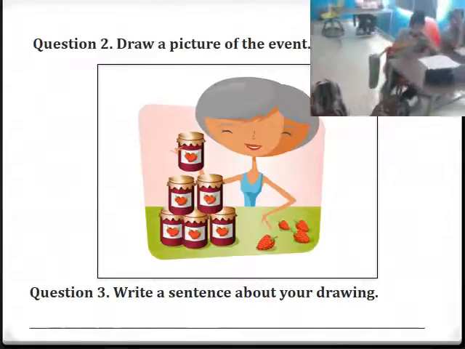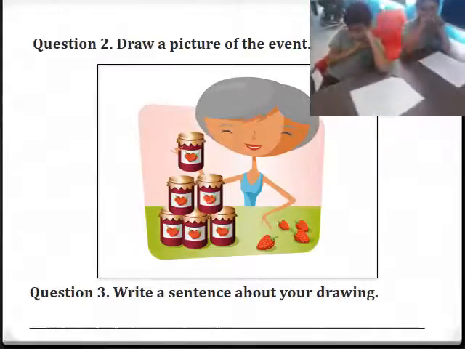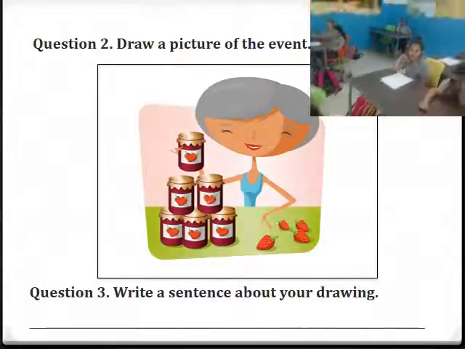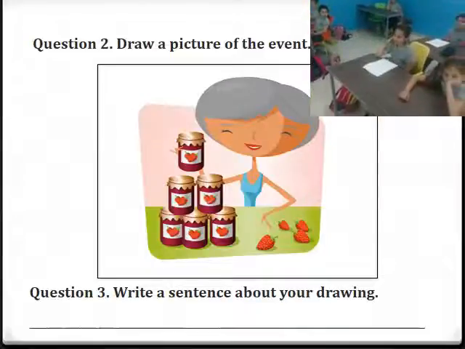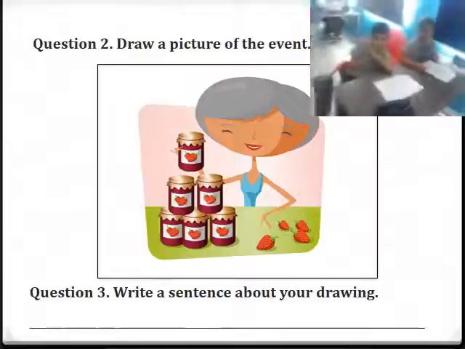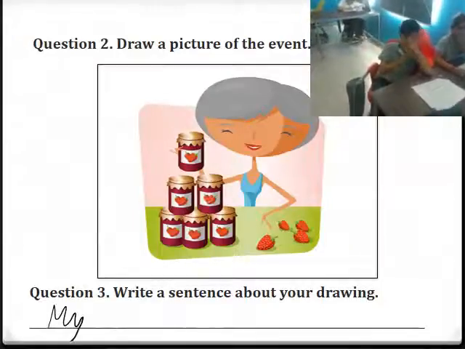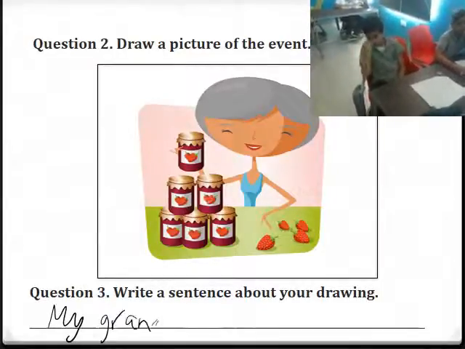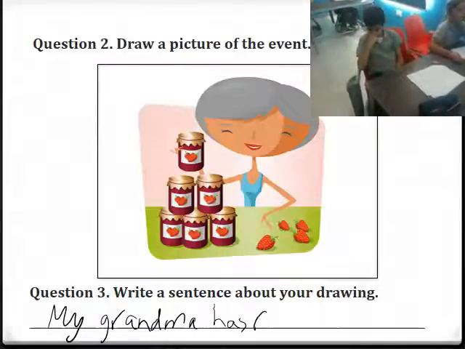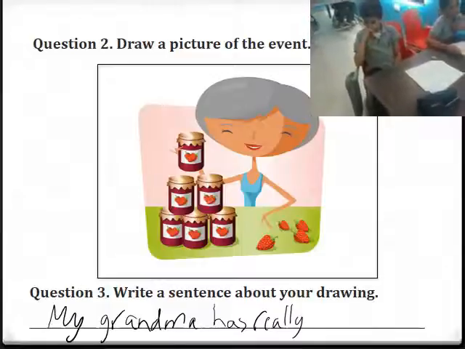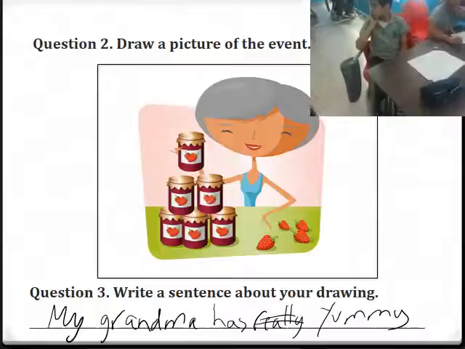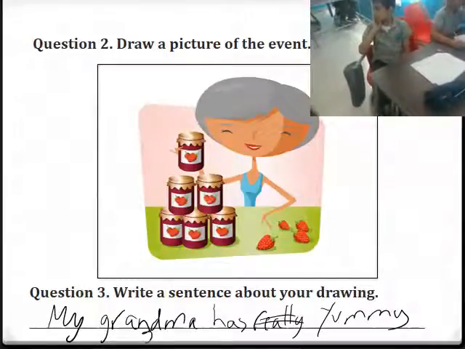Okay. My grandma has delicious strawberry jam. Okay, very good. My grandma is a very good cook. My grandma has yummy strawberry jam. Let's look for space to write it.